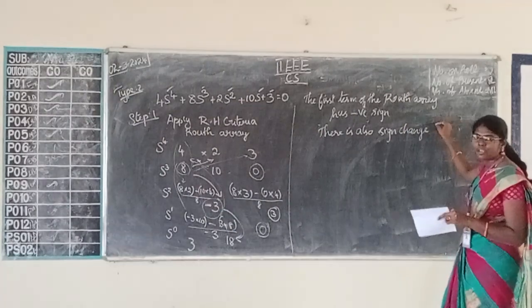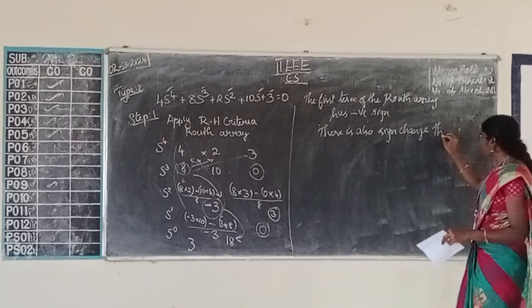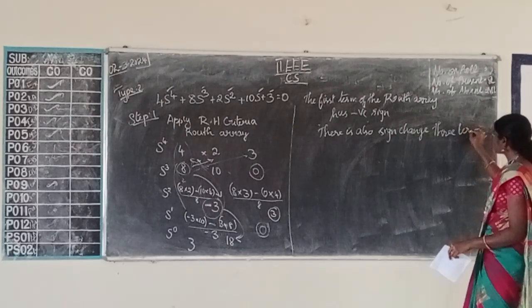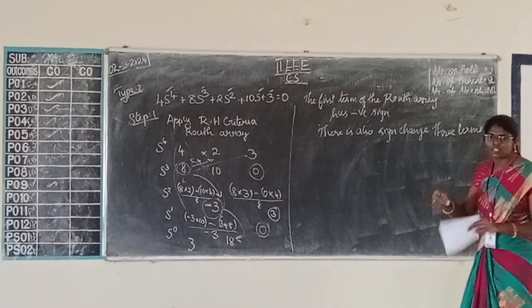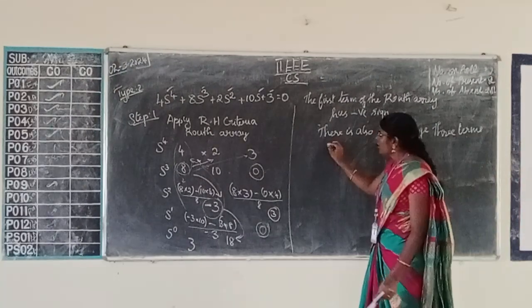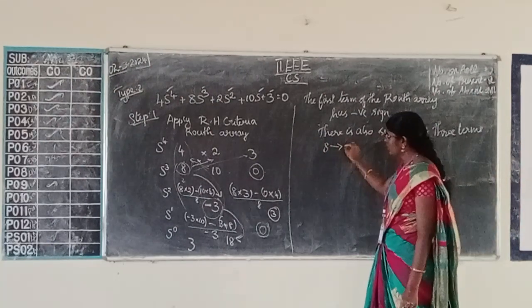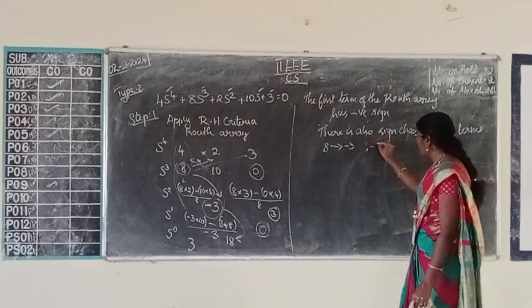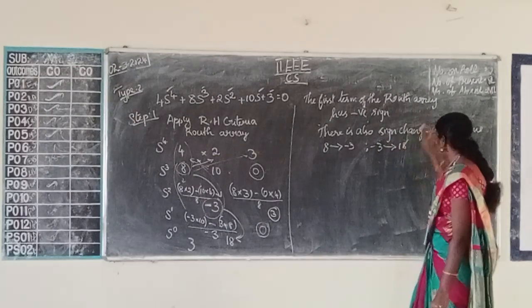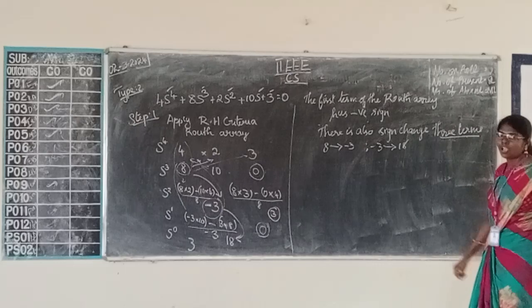The sign change is happening from plus 8 to minus 3, and again from minus 3 to plus 18. So the sign changes two times.